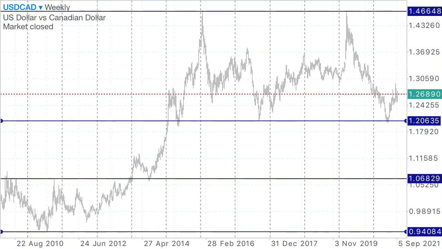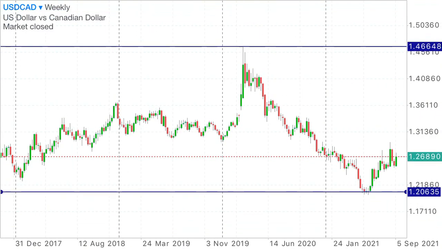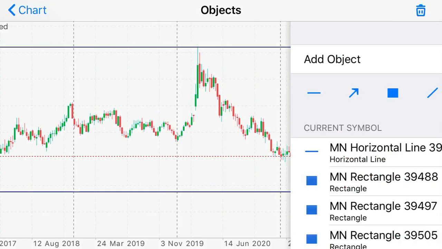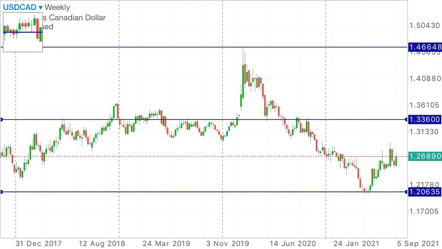Why? Because the current price, which is 1,26890, is still above the below swing low, which is 1,20635, right? So even on a weekly, you will still be identifying what?